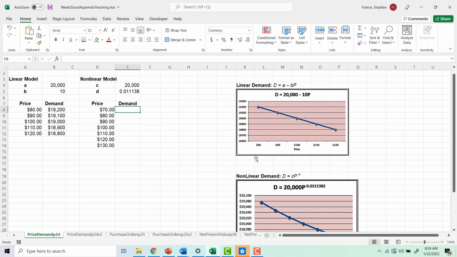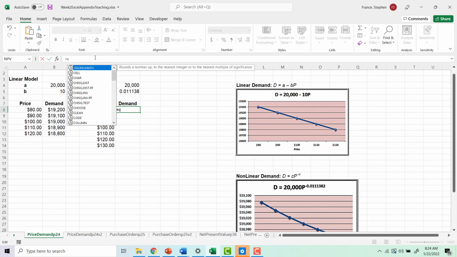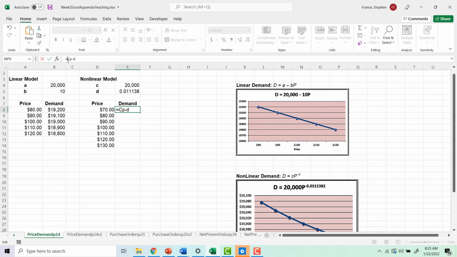So let's now try this with the nonlinear model. Again, let's do what we did before and type in our C times P to the power of minus D. Firstly, we have our C value, which is our constant of demand. So this is 20,000 times my price. The P is going to be this one here, which in this case is D8.